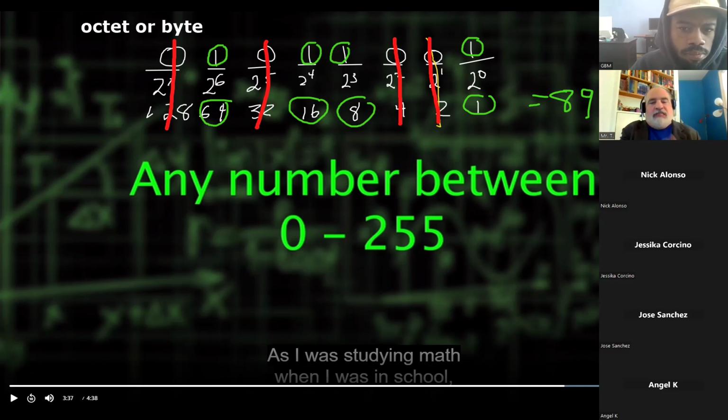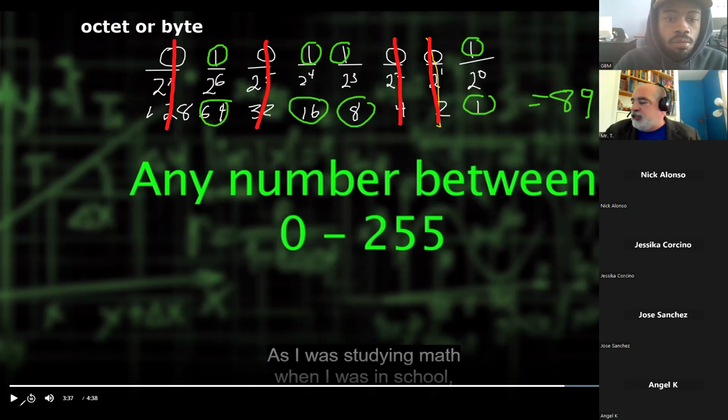When the computer has to send you something, it's going to take its binary and convert it back to decimal math, which is what we're used to, base 10 math. So 0, 1, 0, 1, 1, 0, 0, 1 is the computer's binary way of showing the value of 89. For us, it's 89. For the computer, it's 0, 1, 0, 1, 1, 0, 0, 1. And they're equivalent. One is base 2 for the computer. One is base 10 for us. Does that help?